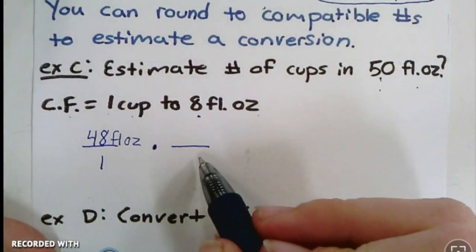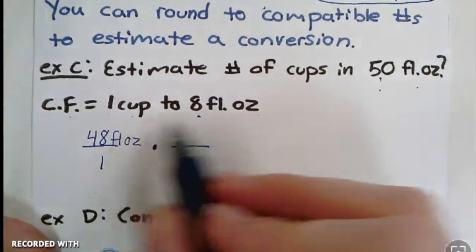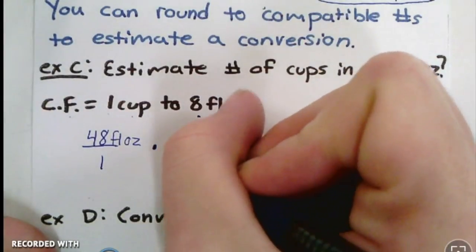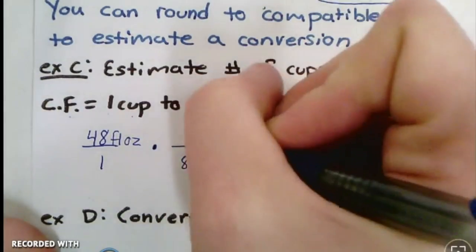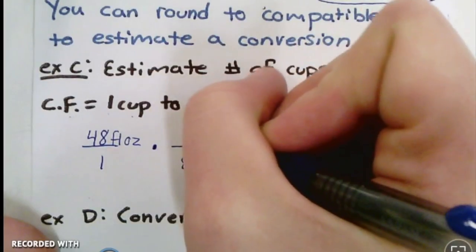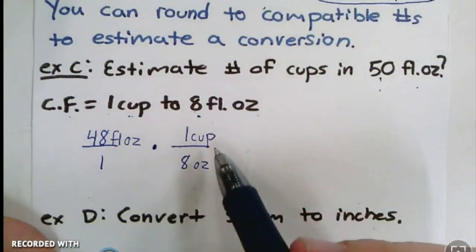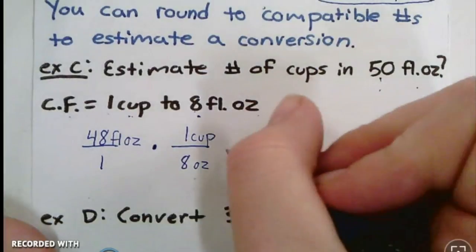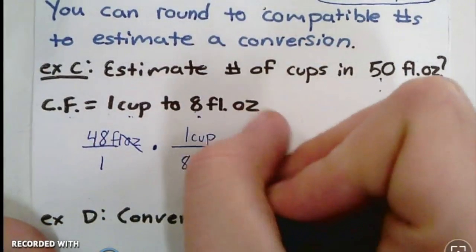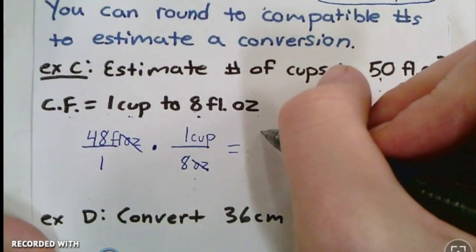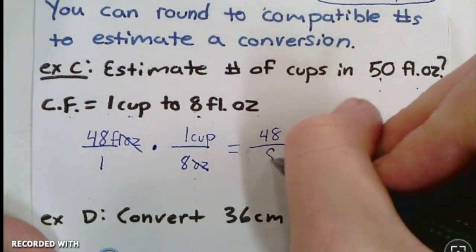And I'm going to multiply it by a conversion factor right here. I want the fluid ounces to cancel out. And up here is my 1 cup, and that's the label I'll be left with, 1 cup to 8 fluid ounces. Then my fluid ounces cross off, and I go over and I've got 48 over 8.